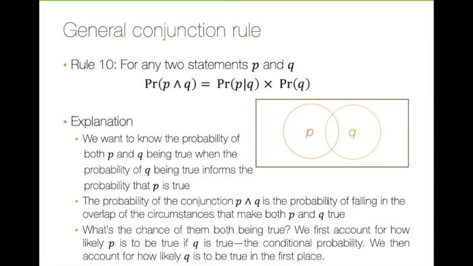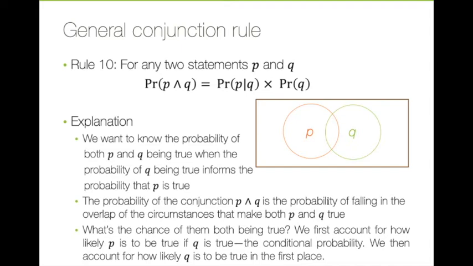And then we have to account for how likely Q is to be true in the first place. In terms of the Euler diagram, we have to use not only the ratio of the region where P and Q is true to the size of the Q region. That was our conditional probability, if you remember. We also have to figure out how big the Q region is relative to the whole space.